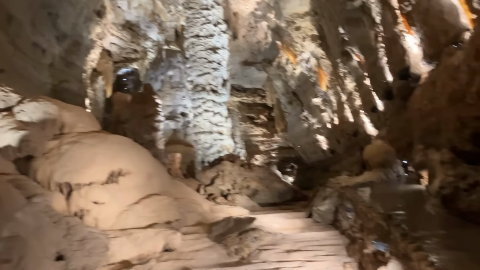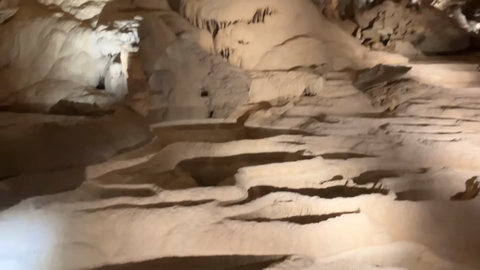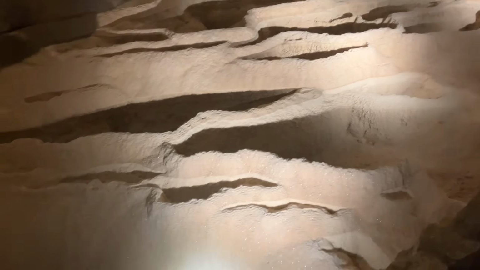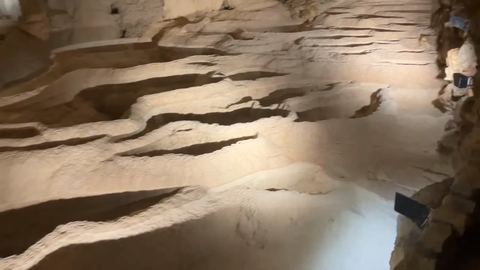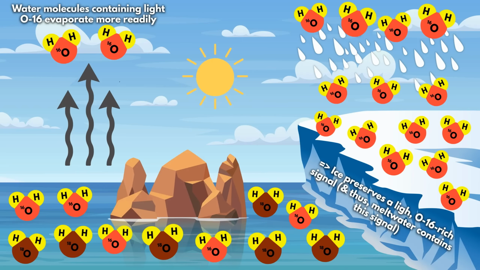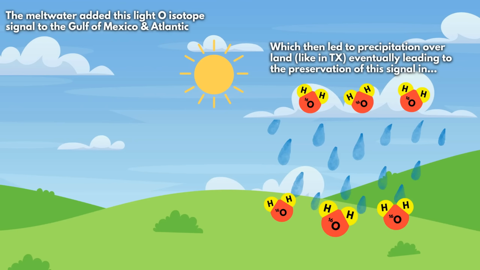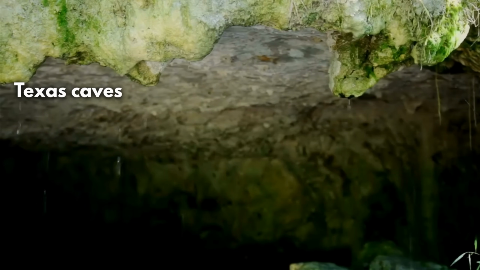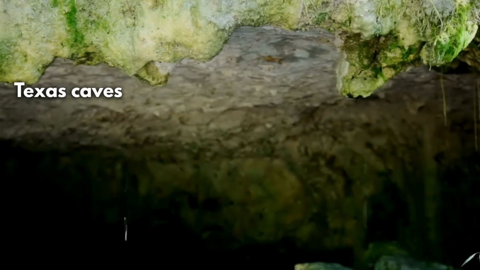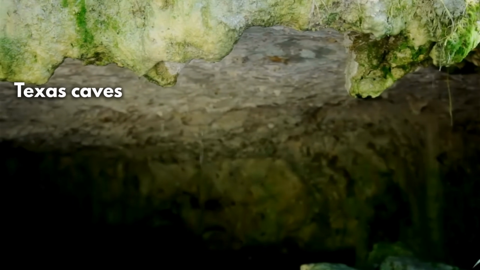And what we see in a lot of the Texas stalagmites during this time is a massive oxygen isotope excursion. When you talk about oxygen isotopes, ice preserves really light isotopes of oxygen, so a really light, really negative isotopic signal. And what we see is a negative isotopic excursion in the stalagmites. That doesn't mean the stalagmites are necessarily recording an ice signal, but they're recording a meltwater signal.